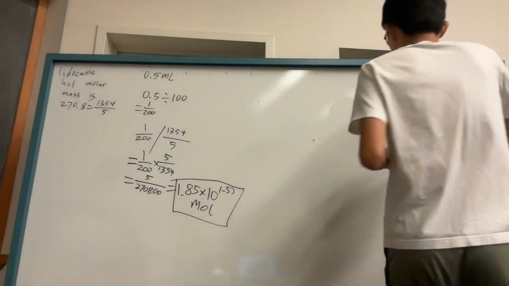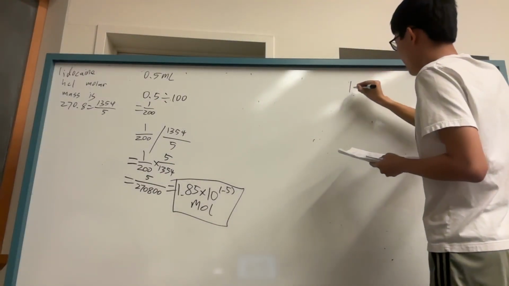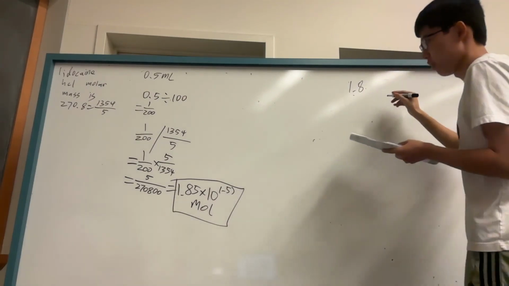And we now multiply that by the Avogadro's number to find the molecules.